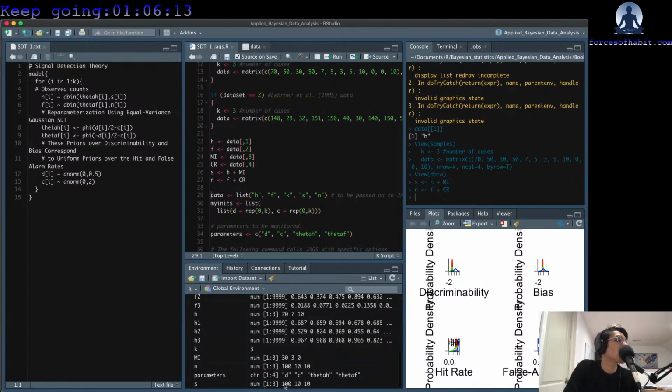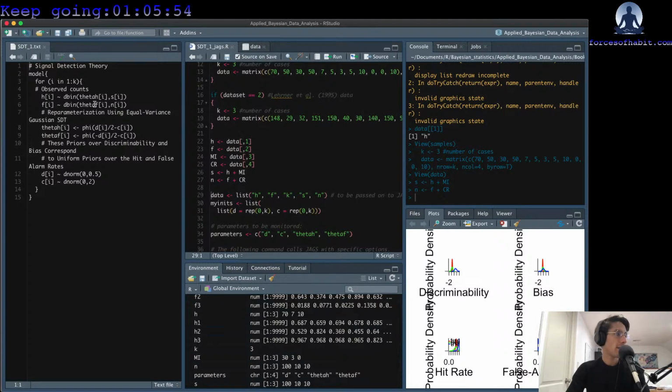Oh, in these cases, S and N are equal to each other. So then we can parameterize such that we get equal variance.